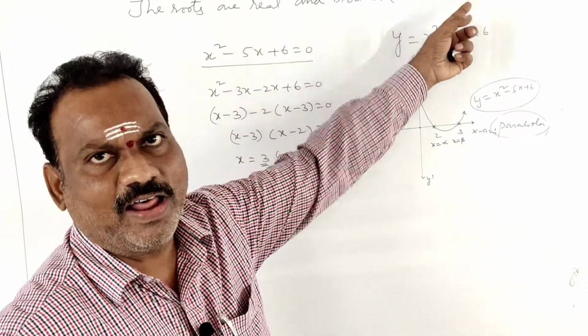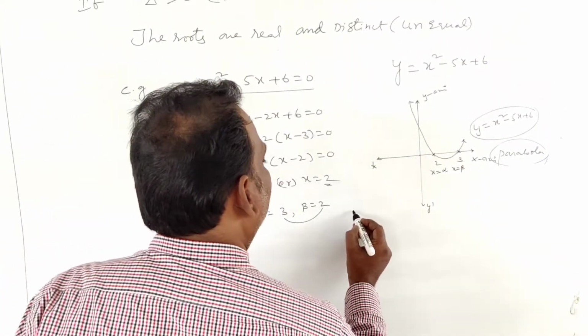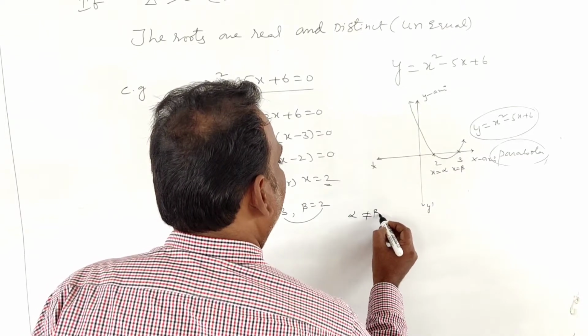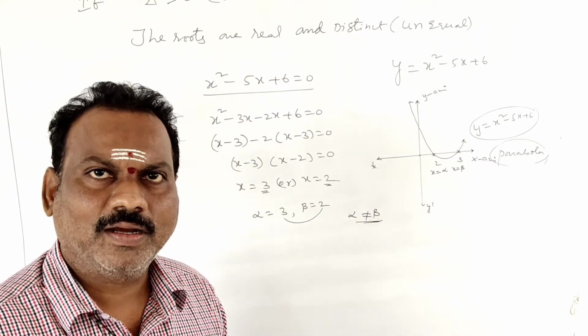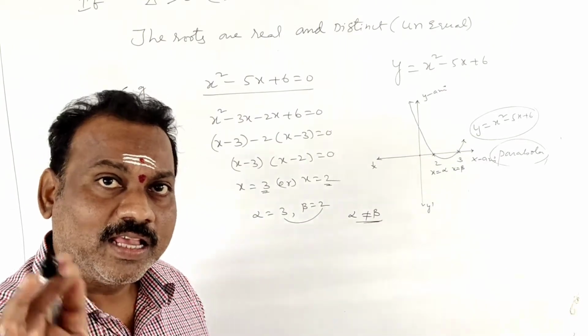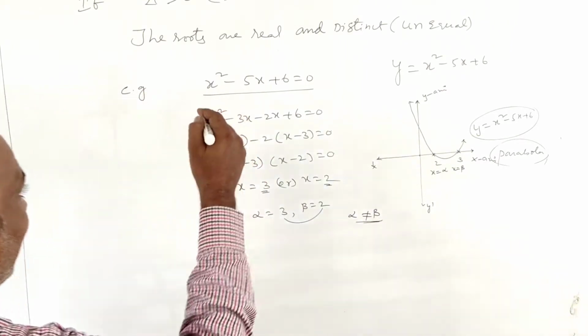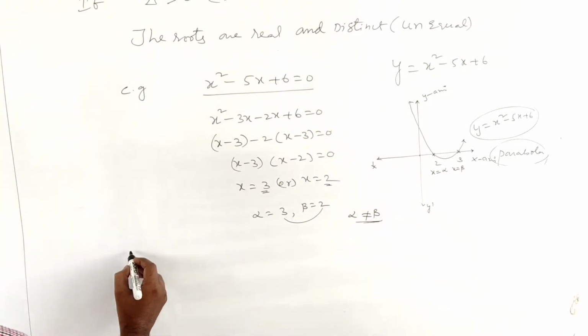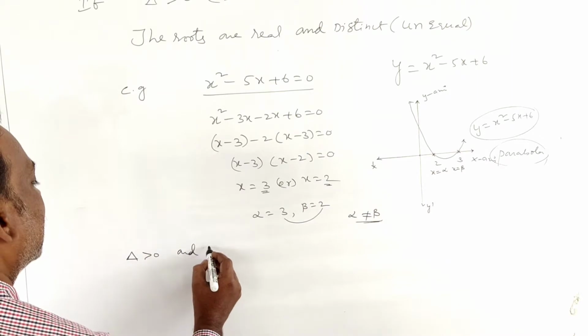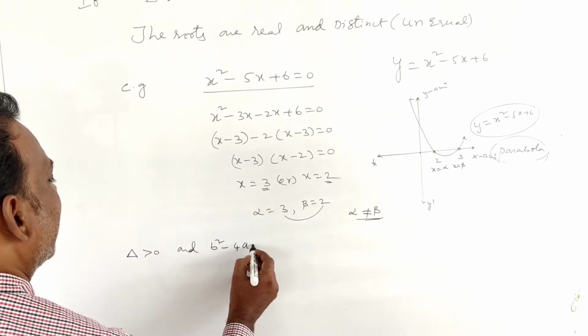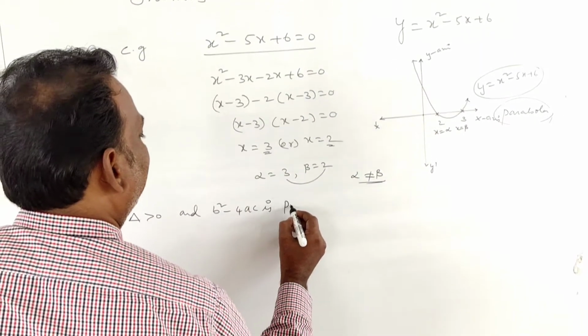And distinct. Distinct means unequal. That means alpha is not equal to beta. Why? Because alpha is 3 and beta is 2. Correct, students? Sometimes we have two different cases here. Delta is greater than 0 and b square minus 4ac is a perfect square.